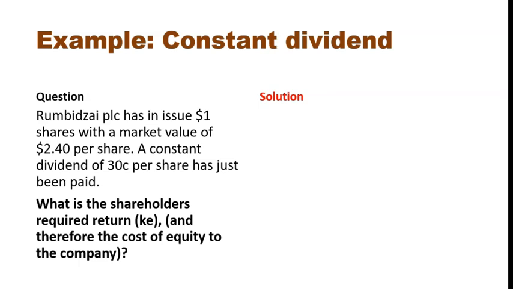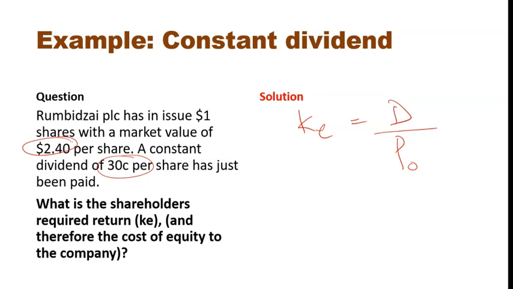What is the shareholders' required return? We know that KE is equal to D over P0. So the market value P0 is 240 cents, and the dividend is 30 cents.